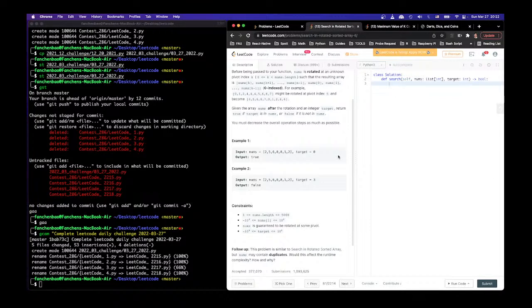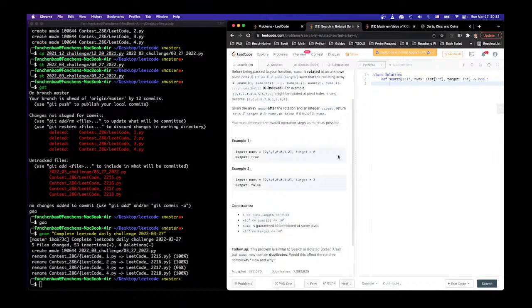How do we check? So the middle value, we know it's the middle. And if you look to the left, look to the right, now we compare. We compare the middle value to the left or to the right, right?